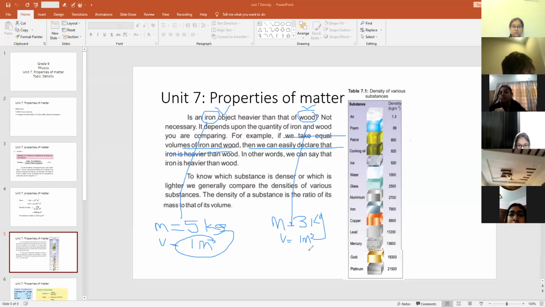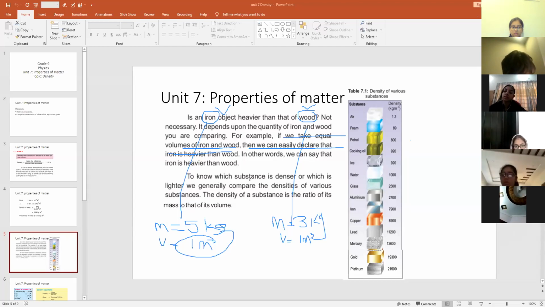So it depends upon the parameters, mass and volume. If we keep the same volume, then obviously the object which has more mass is more dense. But if we increase or decrease the volume for any two or more objects, then it will affect the density of the object.